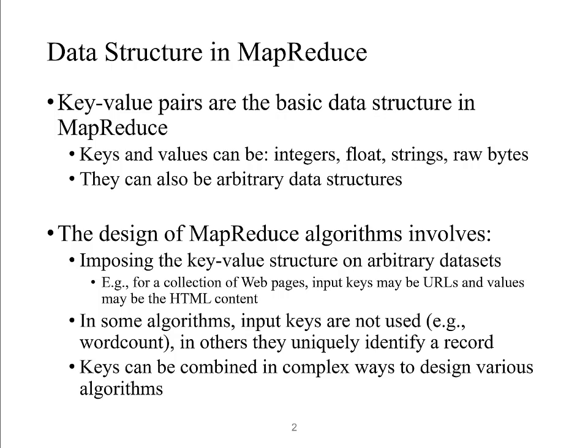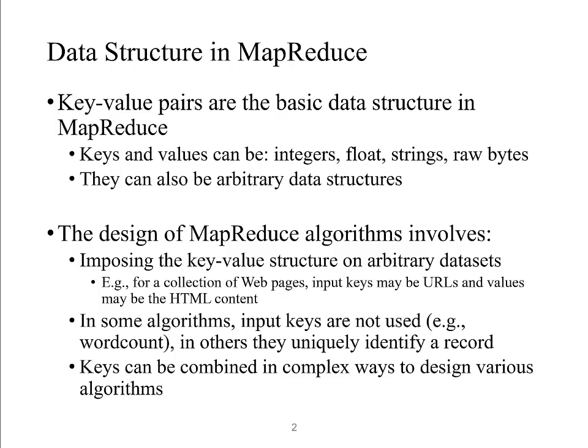So first of all, is the data structure in MapReduce. Key value pairs are the basic data structure in MapReduce. The key value pairs are what you transfer between one RDD to another, if you still remember, right?